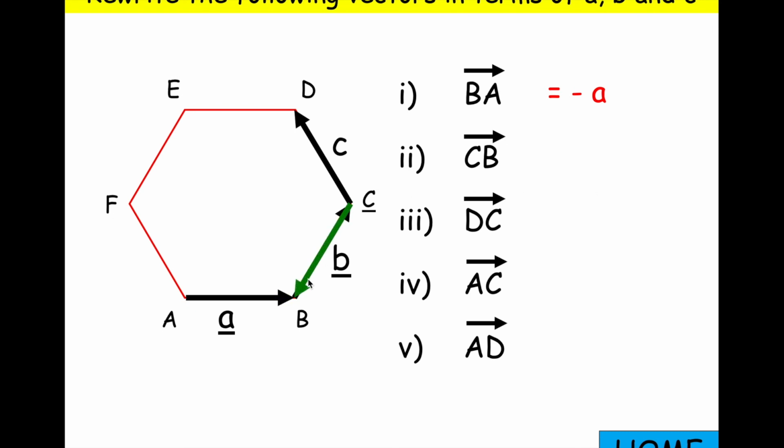Vector CB goes the opposite of vector B, so that's equal to negative vector B. Same thing with vector DC.